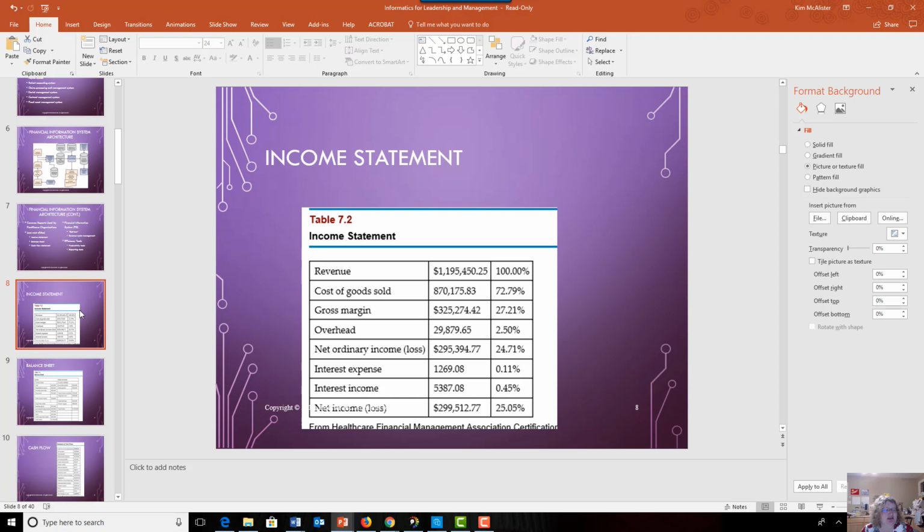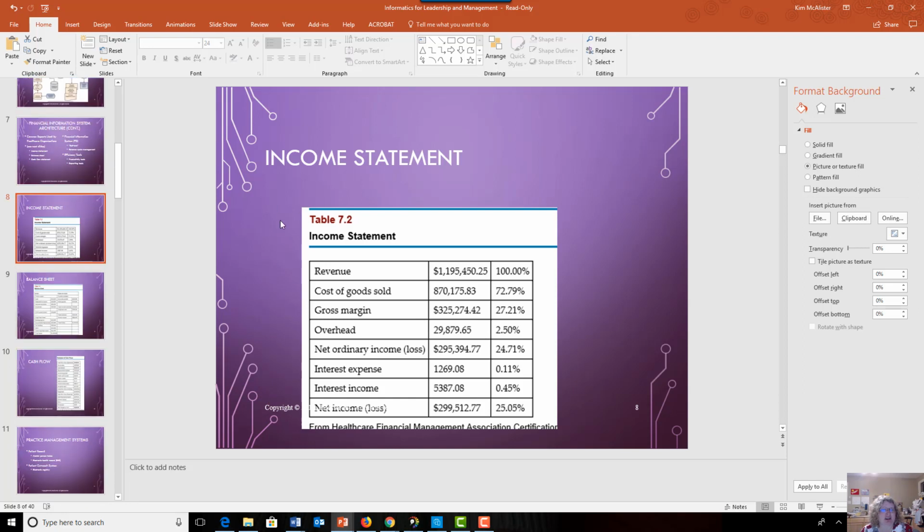Just a couple of things that I want you to know, and you're going to learn more about these in financial management if you take that in Summer B. But this is the income statement of the hospital, and you can see the revenue is here, the cost of goods sold, how much did it cost to provide all of that care. You have your gross margin, your overhead. What was your light bill?